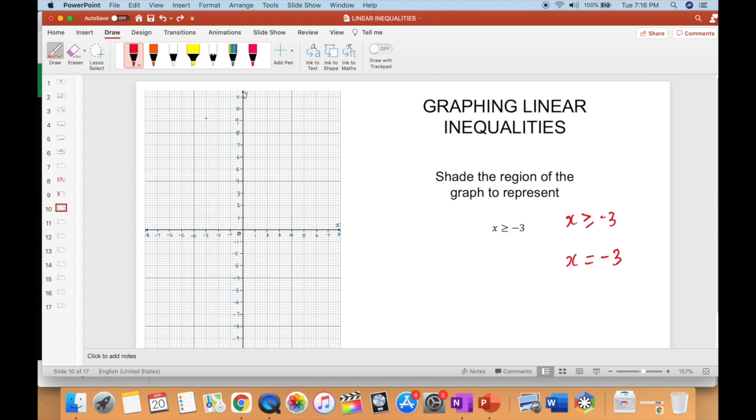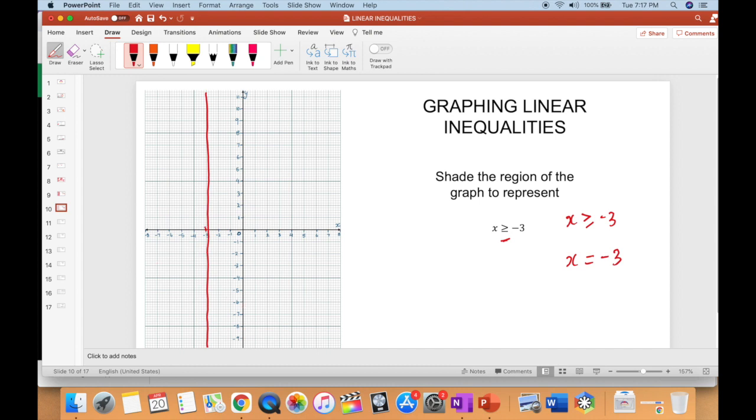-3 is here, so this will be the solid line, x is equal to -3. And the region where x is greater than -3 is which region? The right side of the line or the left side of the line?